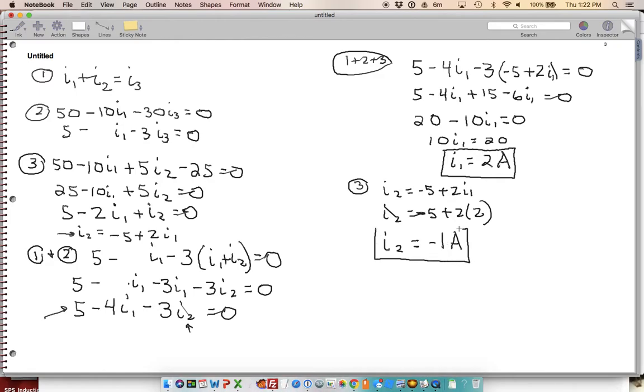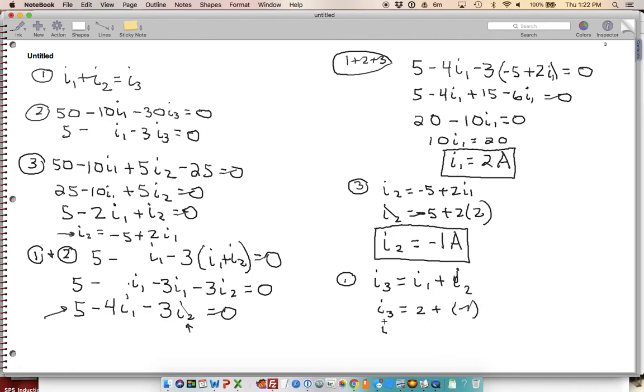And then we can see if we go back to equation 1, we can plug in I1 and I2. So we get I3 is equal to I1 plus I2. And so that's equal to, so I3 is equal to 2 plus minus 1.